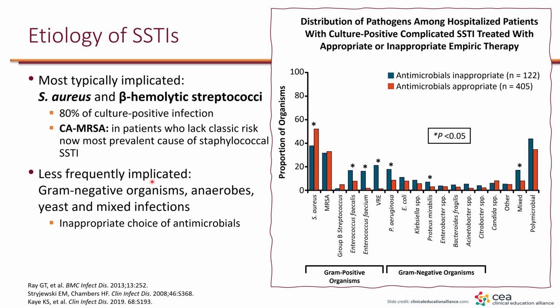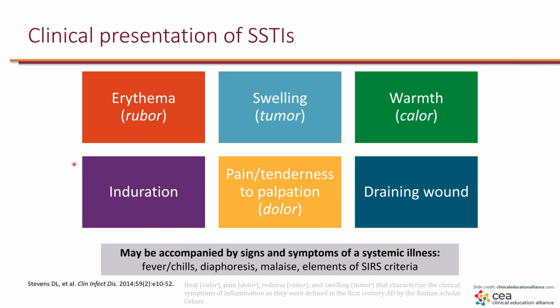Less frequently implicated are gram-negative organisms. So in general, we're not really worried about gram-negatives, anaerobes and yeast. Now, with clinical presentation of skin and soft tissue infections, essentially the hallmarks are erythema, swelling, warmth, induration, pain or tenderness at the site of infection.